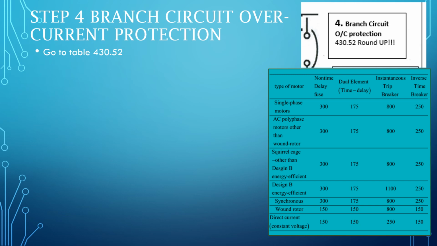We're going to need a breaker that's big enough not to do so. Now there are several different choices when we're looking at those. For step 4, we're going to be using table 430.52, and it has a couple of columns: a time delay fuse, a non-time delay fuse, an instantaneous trip, and an inverse time breaker.